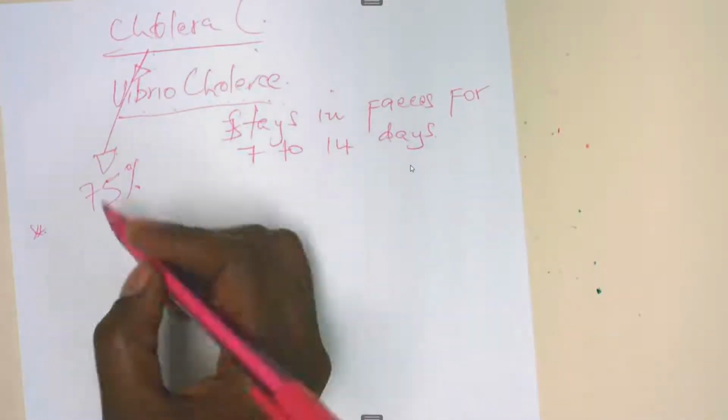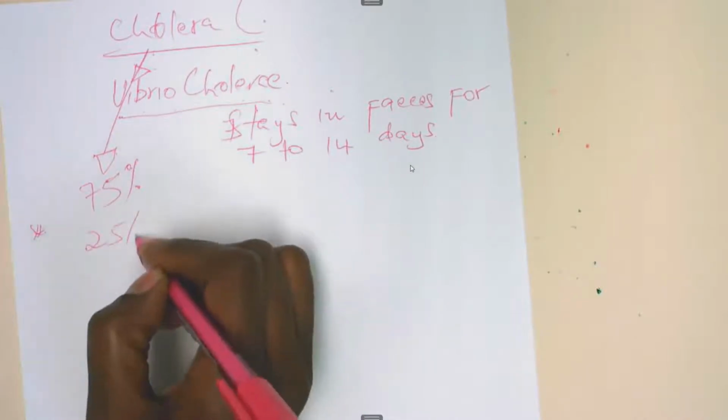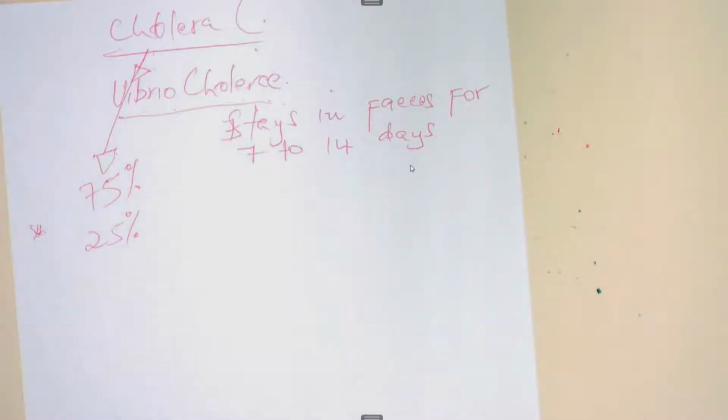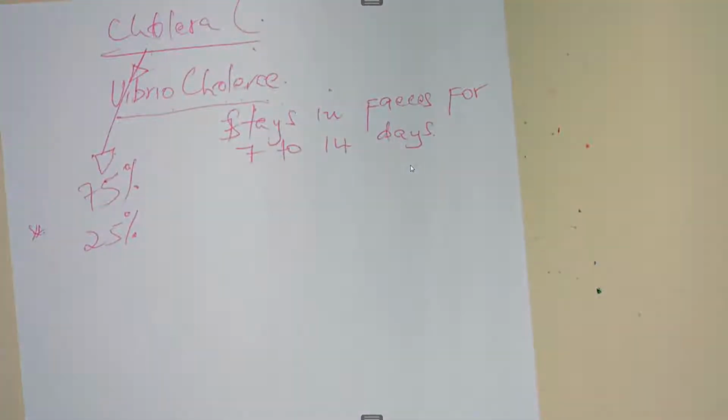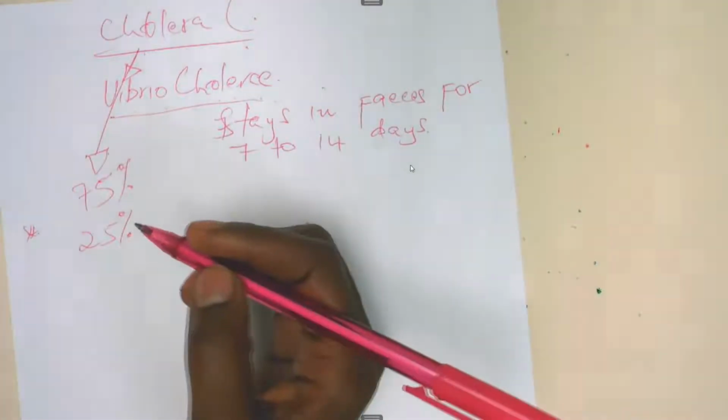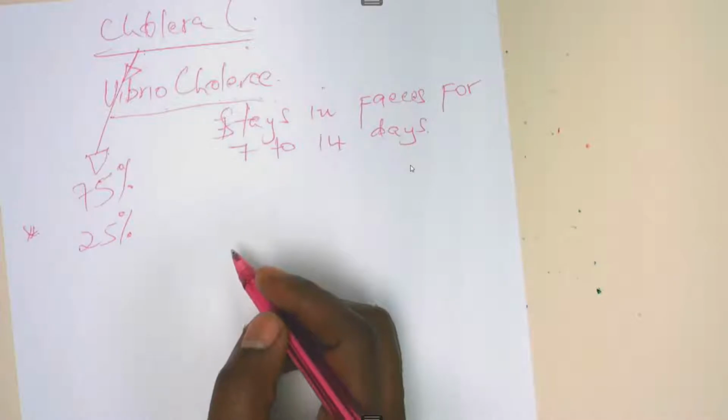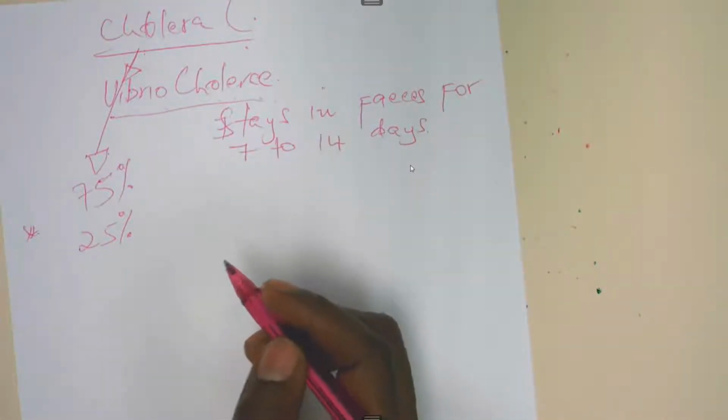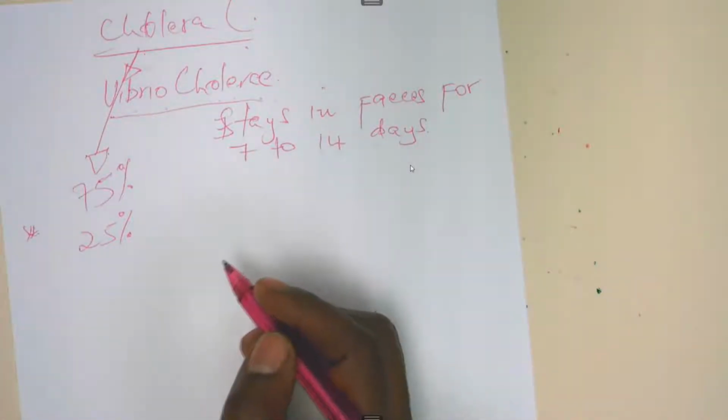And then again, 25% of people infected show a sudden onset of acute watery diarrhea, and that can lead to death by severe dehydration.